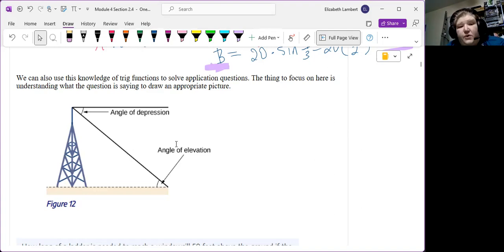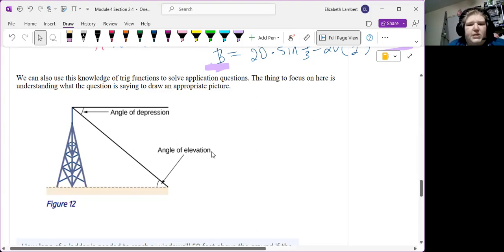Now, if the ground and then our horizontal line up there, which we think of as like the zero sight line that you measure from, the angle of elevation and the angle of depression are equal as long as the top and the bottom lines are parallel. So I'm just putting this here as a reminder of those words and what they mean in a picture.